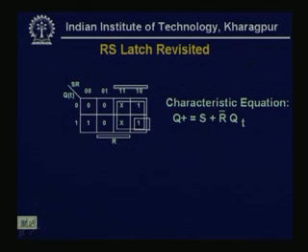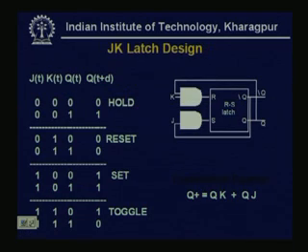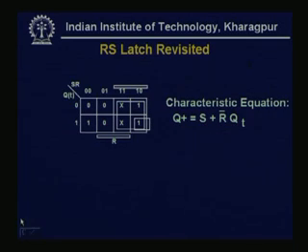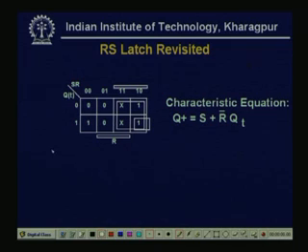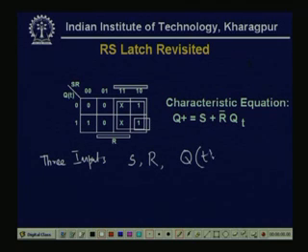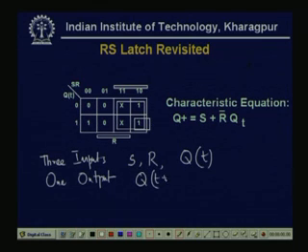So, there are 3 inputs, the S, R and Qt, and only one output Qt plus 1, say the next state.